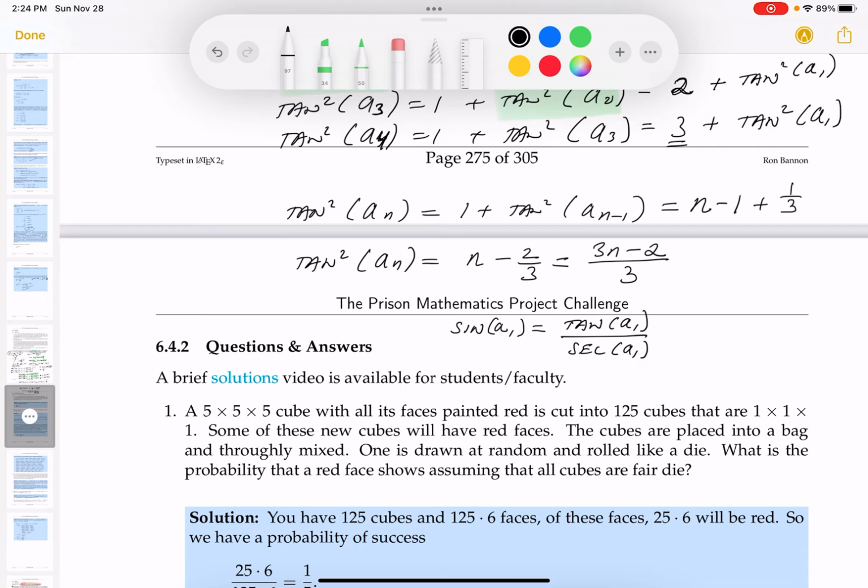Let me just make sure it's true. Tangent is sine theta over cosine of theta. And I'm dividing by the secant, like cosine of theta. Yeah, that's true. All right? Let's get my eraser out. Conditionally true, by the way.